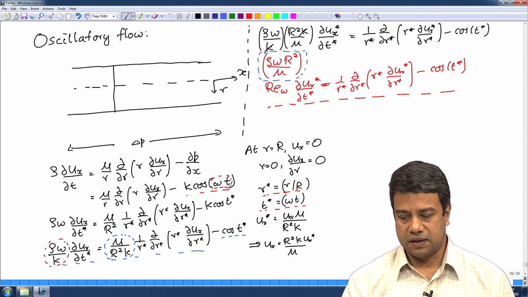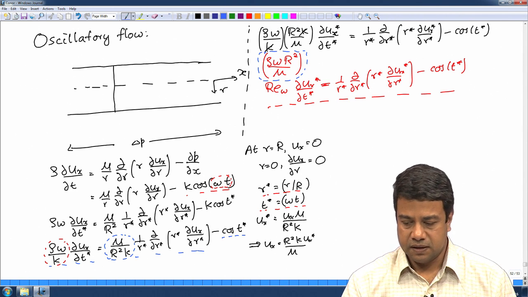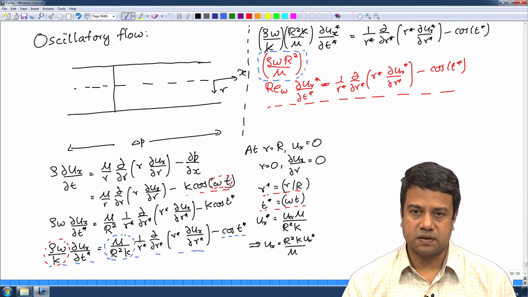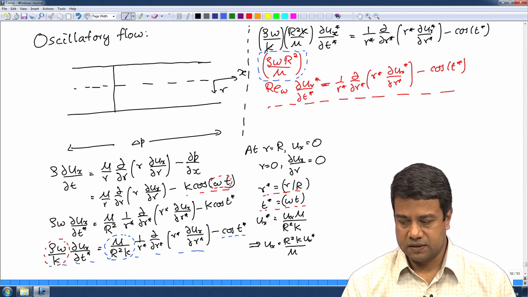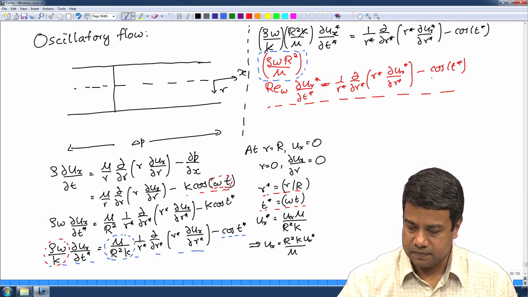And then we had a viscous term on the right. In this particular case, we had chosen to scale the velocity by the viscous scale, so that the coefficient of this velocity was equal to 1. And then we had this forcing term.